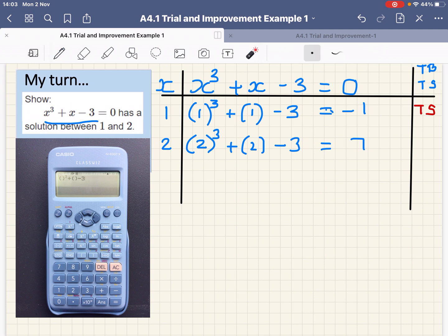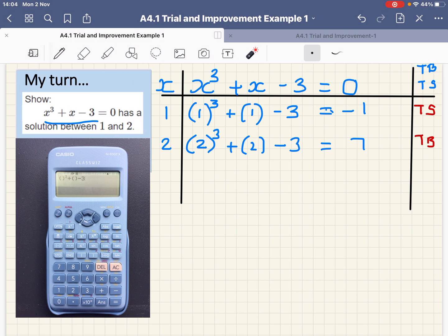We compare this 7 to the 0 we're hoping to get, and we'll find that 2 gives us an answer that is too big. As soon as we get a change from too big to too small, or too small to too big, we have identified that the solution must be between those 2 values that give you that change in too small and too big.